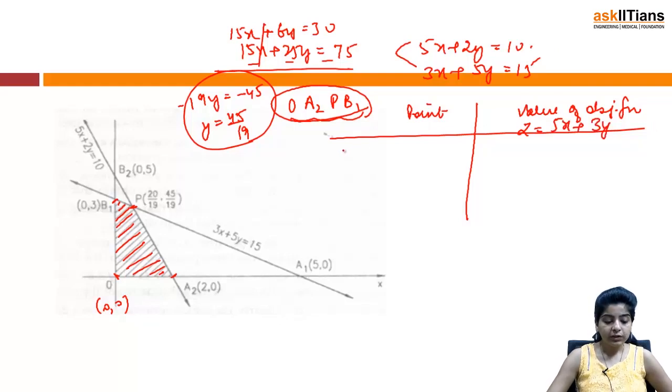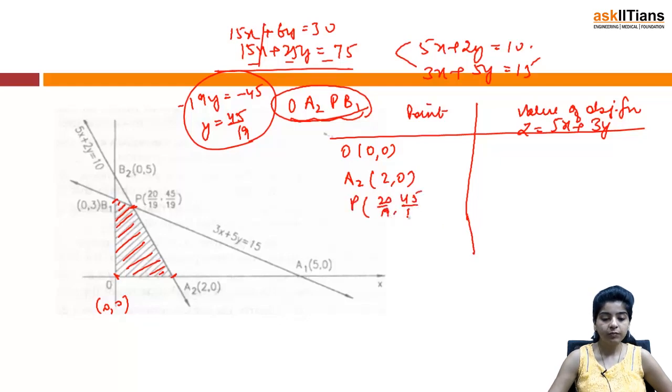Now my points are O, then A2, that is 2, 0, then P, that is 20 by 19 and 45 by 19, and then B1, that's 0, 3. These are the points at which we are going to compute the value of z.